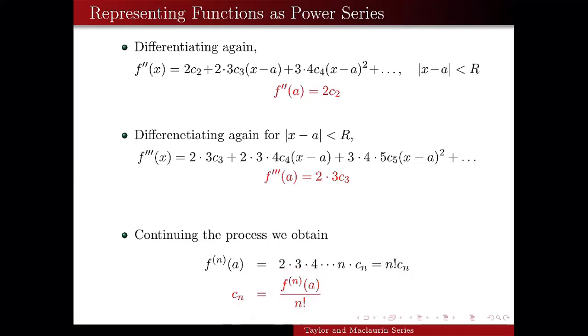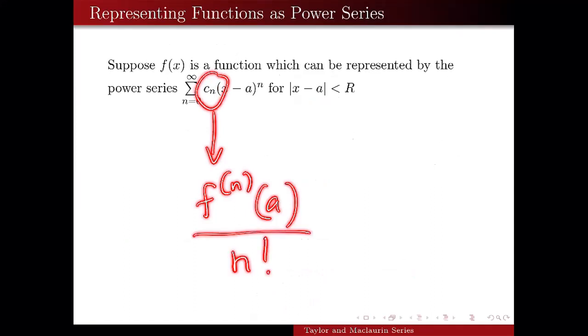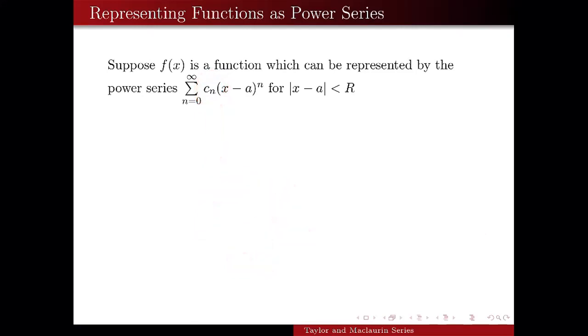What does this mean? The cn here, we can replace that with the nth derivative of f at a divided by n factorial. So that will be the point of our computation. So we have the following.